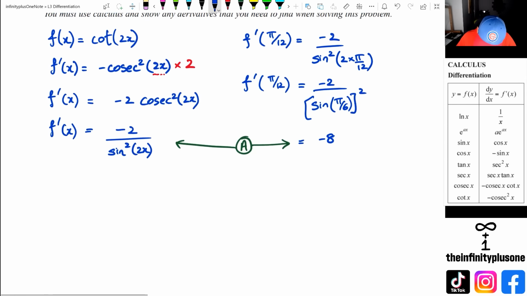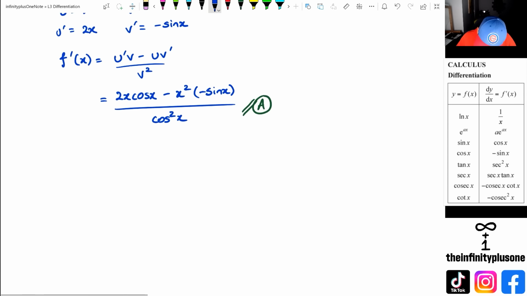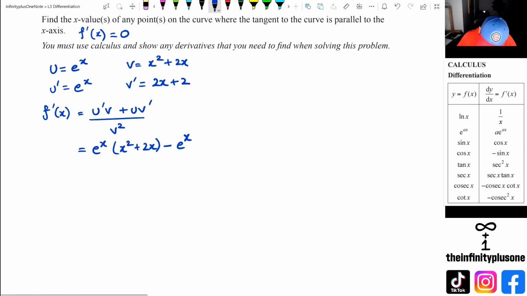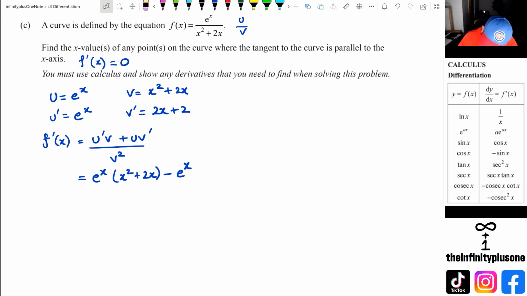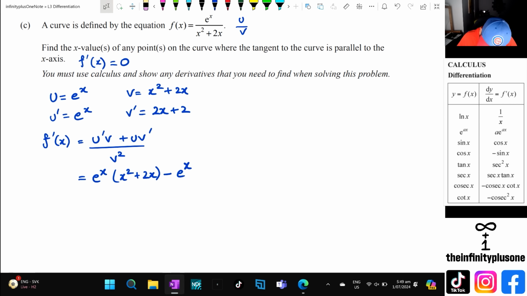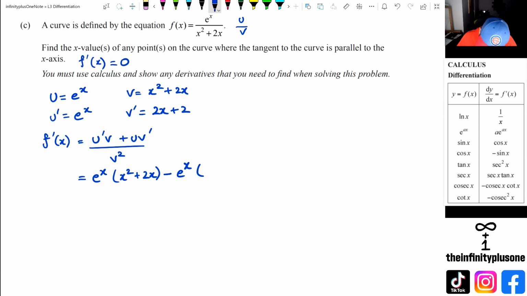I just thought about it, going back to the previous one, did I read it? I did do it right. E to the power of x multiplied by v dash, which is equal to 2x plus 2. And the whole thing is now divided by x squared plus 2x, all squared.